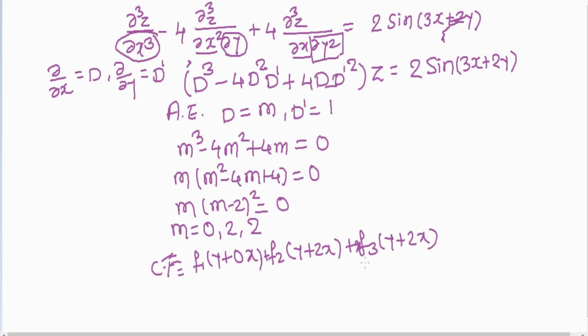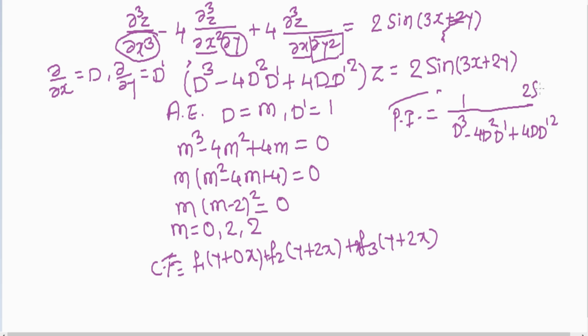Let us now find the particular integral. Particular integral equal to 1 divided by (D cubed minus 4D squared D dash plus 4D D dash squared) into 2 sine of (3x plus 2y).